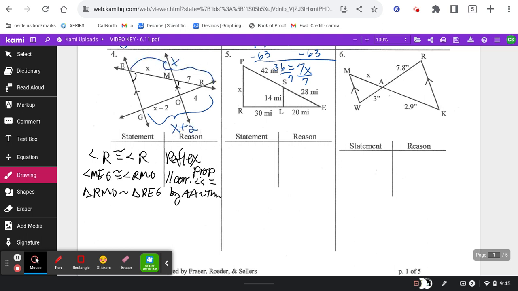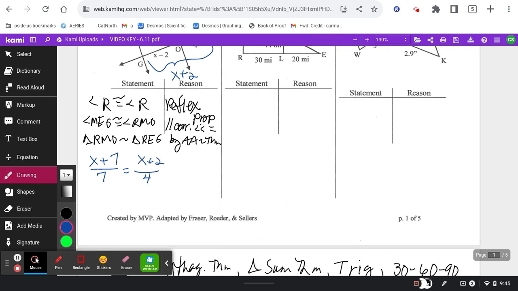This whole big is x plus 7. So we got to go small is to big or big is to small. It's up to you. So big is to small as big is to small. Go ahead and cross multiply that.